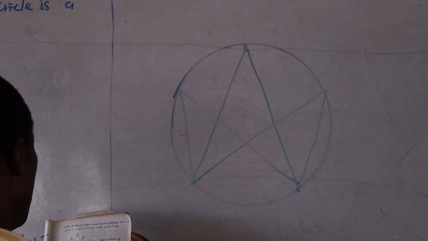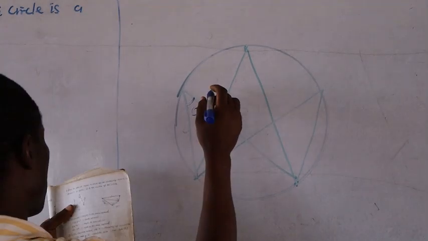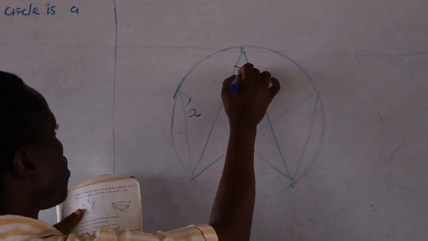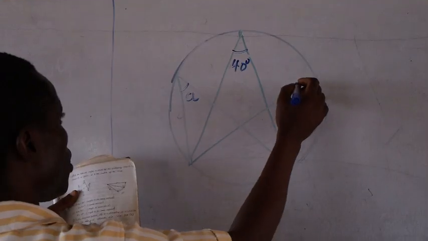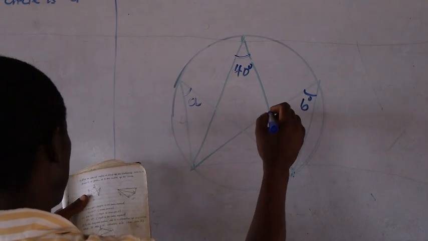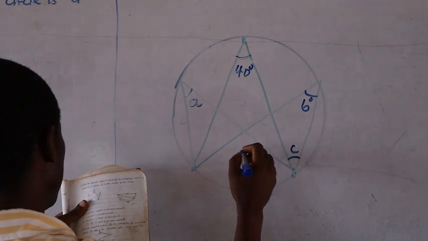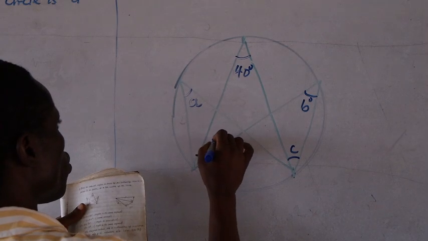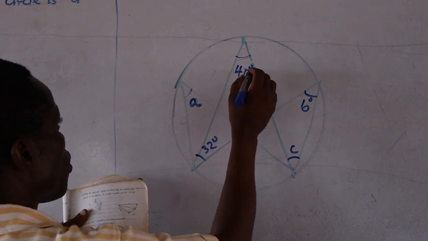The first value here is A. We have this as 40. This one is B. Then we have this as C. Then this one is 32. This is angle A, this is 40.